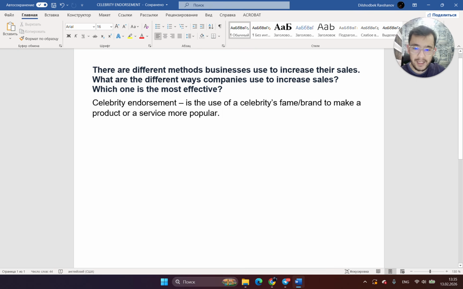But if we go back, before we talk about celebrity endorsement, we can also talk about the simplest of the simplest things. We can just talk about social media usage, which is called online presence.